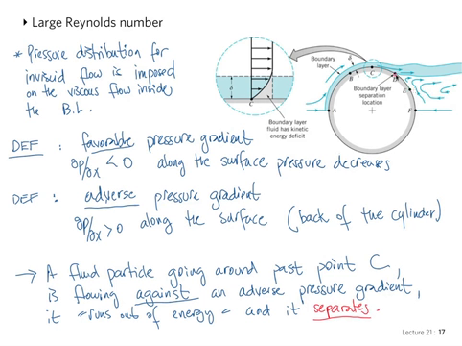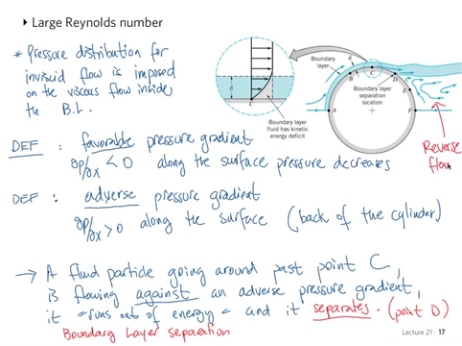Over here, point D in our cartoon. This is called boundary layer separation. Beyond the boundary layer separation, there is reverse flow in what we call the wake.